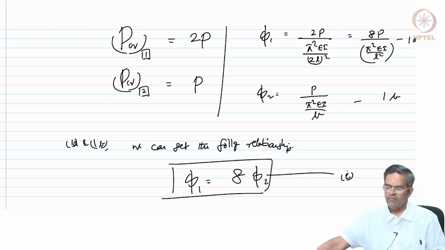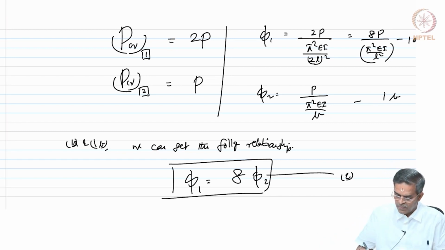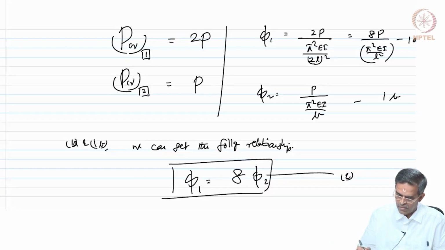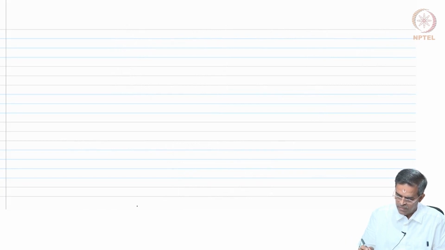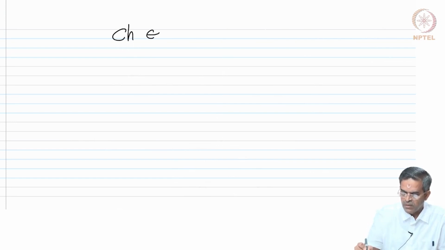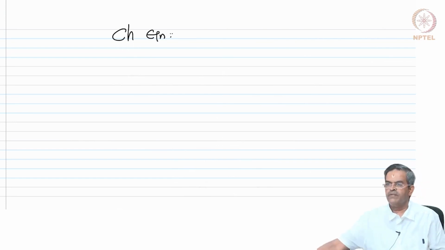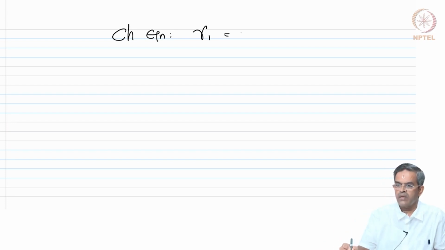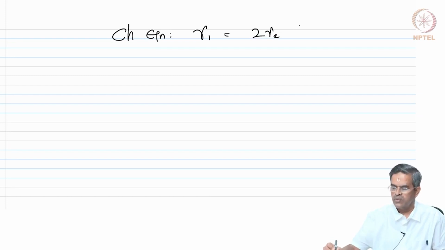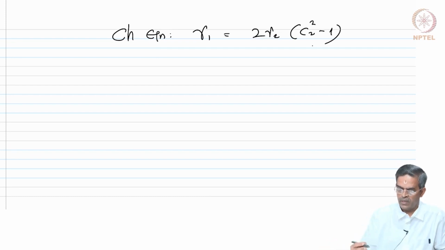So, we got a relationship, and we got the KUU determinant as well. So, I am now going to satisfy these two conditions. What are the conditions? I have to satisfy the characteristic equation, which is given by R1 is equal to 2R2 times C2 square minus 1.